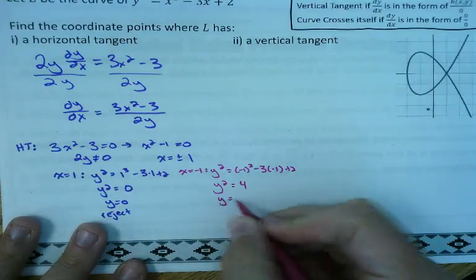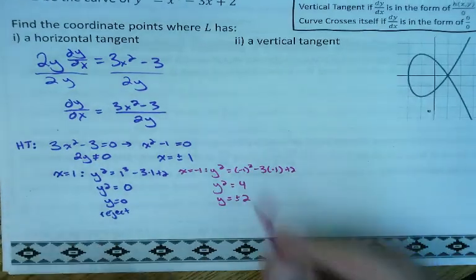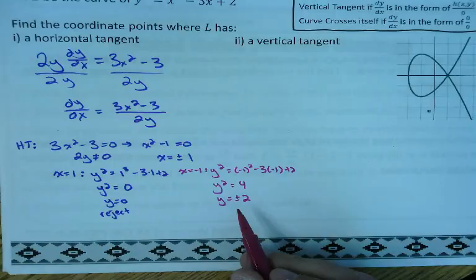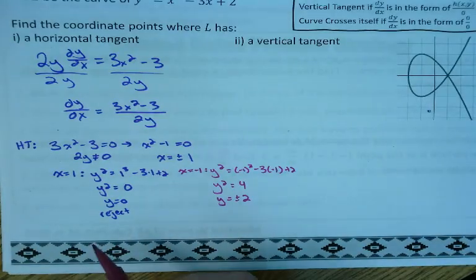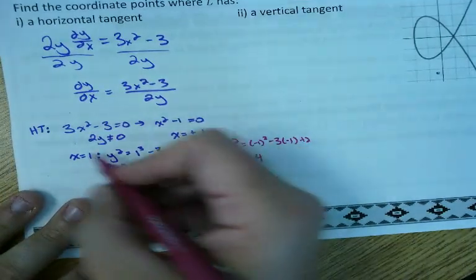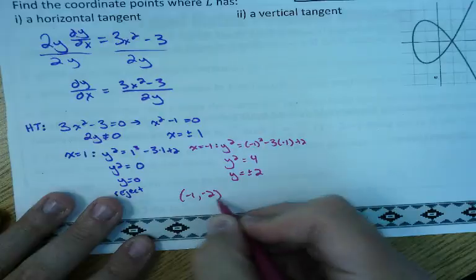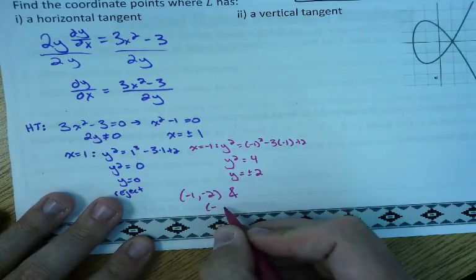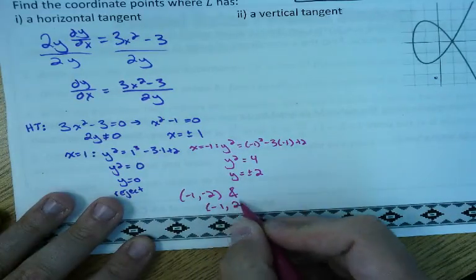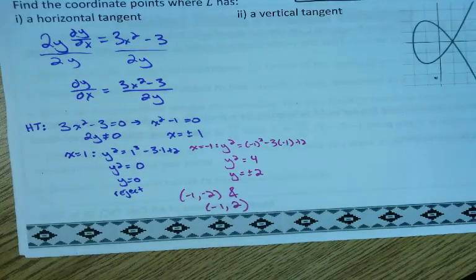So y equals plus and minus 2. Are those y values okay? Yeah, because they don't equal 0. So I have two coordinate points. Again, we rejected 1, but negative 1 is going to work with a negative 2, and a negative 1 with a positive 2 is going to work. Those are both coordinate points that work out.